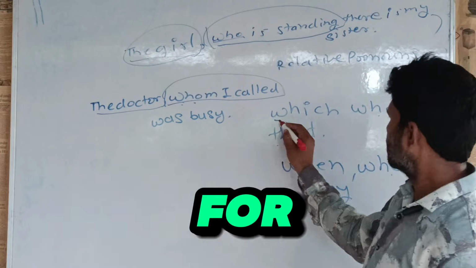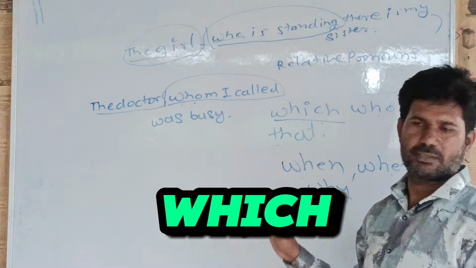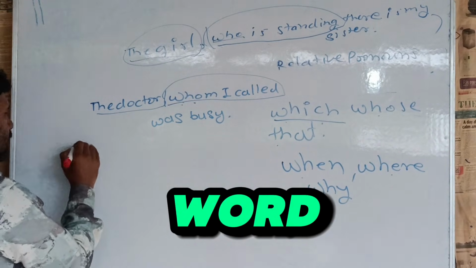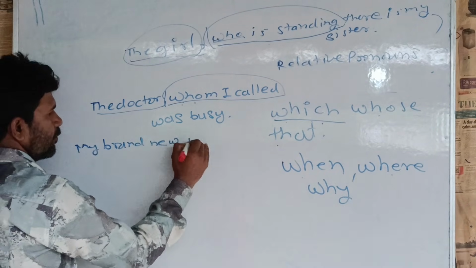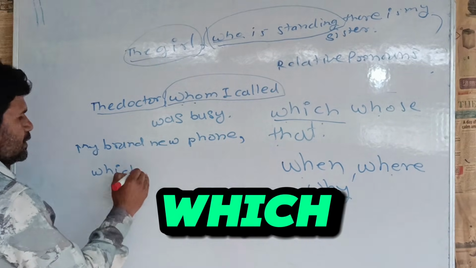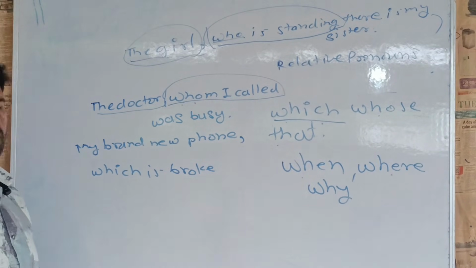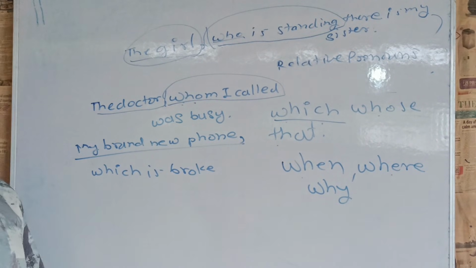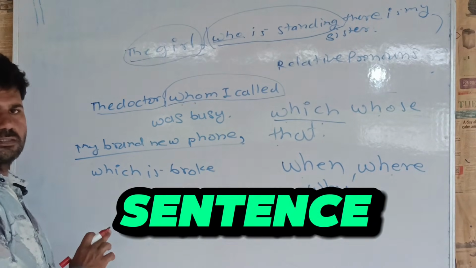Then we will go for the next word, which is which. The sentence goes like this for this word: my brand new phone, which is broke. For this sentence, my brand new phone is the subject of the sentence.